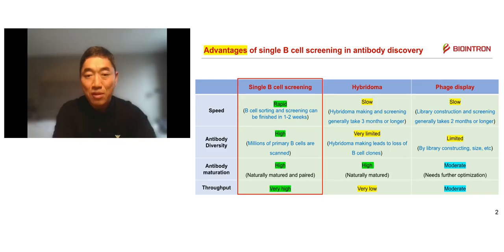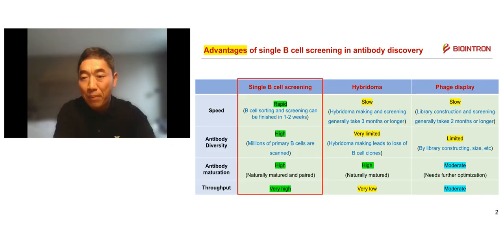For routine antibody discovery cases this should be fine, but not for some projects where advanced function is required. Phage display is kind of better, but still very limited by library construction and library size. This is antibody diversity.